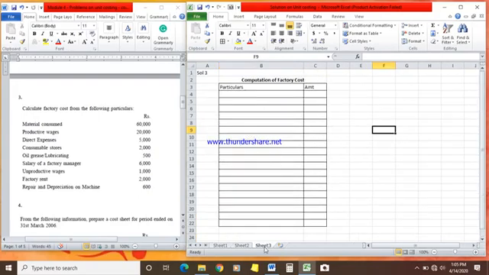The third problem is about a small calculation. It's basically about how to calculate a factory cost for the following particulars. It's very simple. You people also can do it, but just to understand how the factory cost is calculated, this problem has been selected.